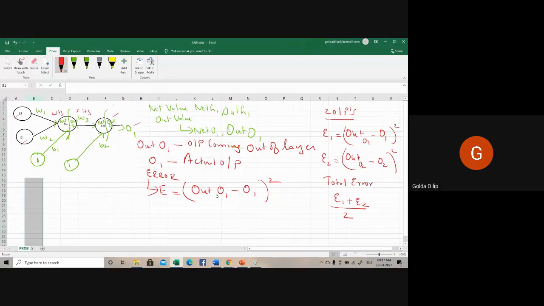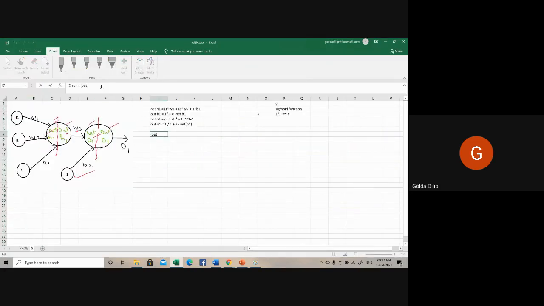Out O1 is the output coming out from the layers, and O1 is your actual output. So that is the error.